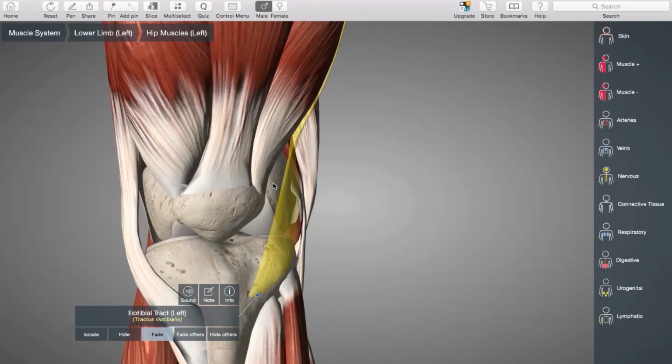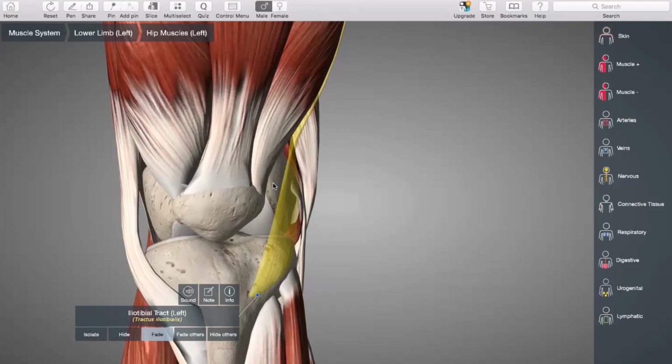So thinking about treatment then, initially we want to avoid the aggravating activity to allow things to settle. I find that treatments such as soft tissue work and stretching of the ITB and thigh muscles often only give temporary relief and don't address the underlying problem, which is a weakness in the lateral hip or gluteal muscles.